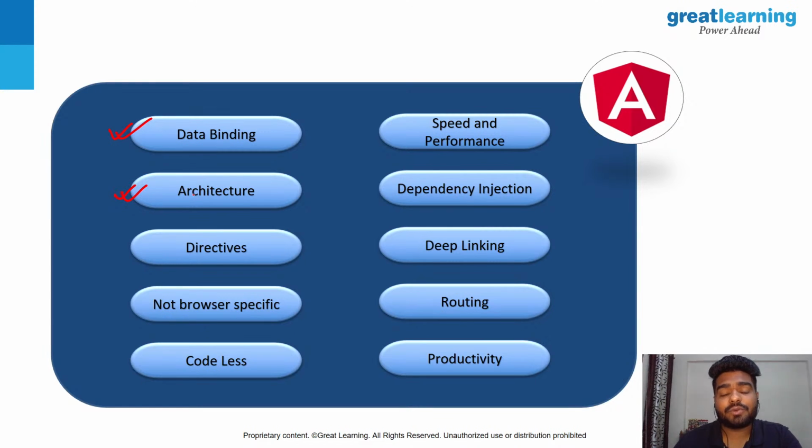That is the most important architecture when you're working with these kinds of frameworks. Next is directives. See, these are some predefined directives. Like in a programming language, we have the main method, we have data types, integer, float. So something like that in the Angular framework also we have directives. These are some commands which we can use directly to make our application, right? This is not browser specific.